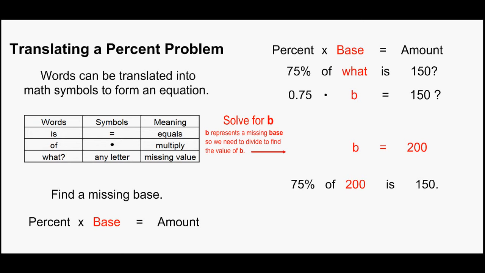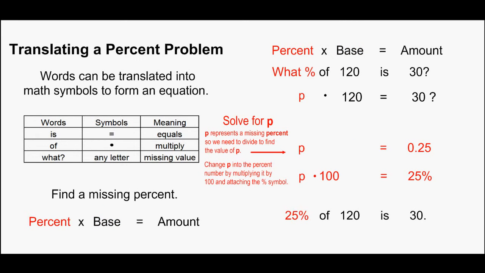Because the base is a factor and we have a factor missing, we will use division. Take the amount 150, divide by the percent 75 hundredths. Your base equals 200. B equals 200. 75% of 200 is 150.